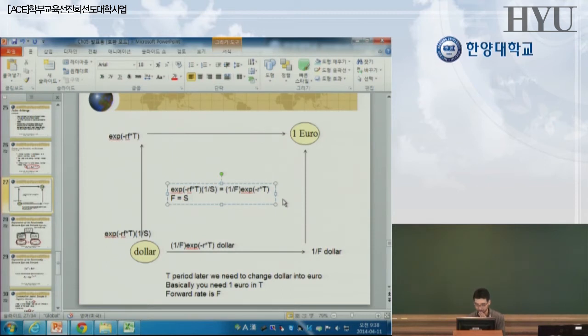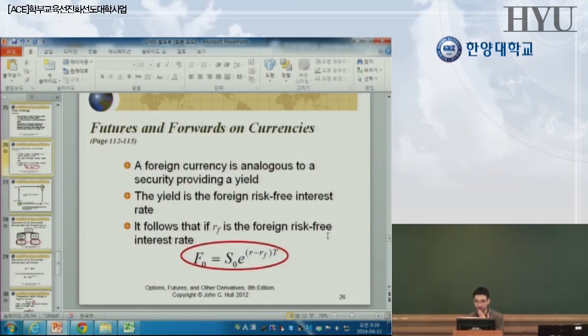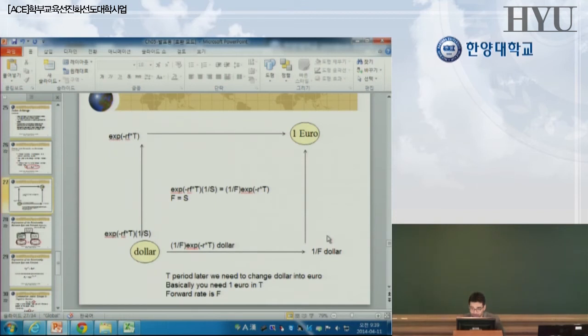I think I messed up something. Oh, right, so S over here. RF is the foreign interest rate.